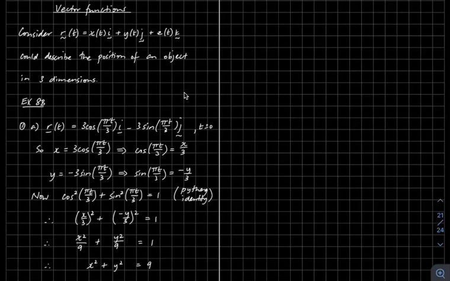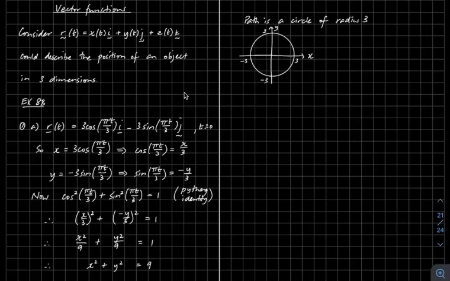So if we were going to sketch this path, it is a circle of radius 3. So we are sketching that. So here's our Cartesian relation. So 3, 3, negative 3, and negative 3.